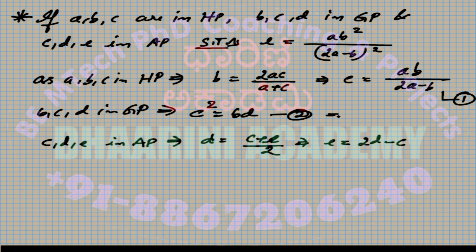From this, I can write D is equal to C square by B. So use that. So this implies E is equal to 2 times D, I replace as C square by B, minus C.